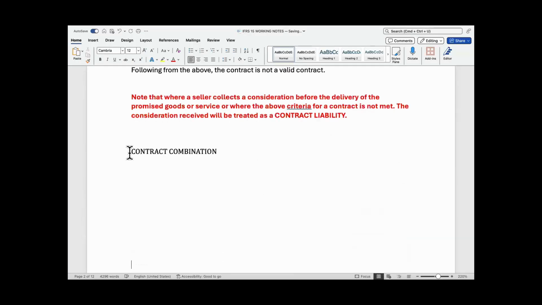Now, the second one is contract modification.